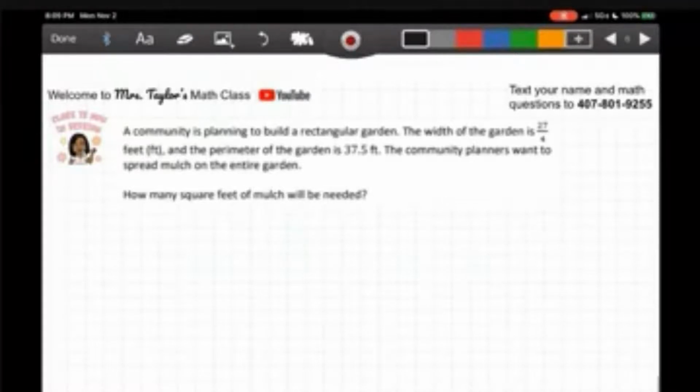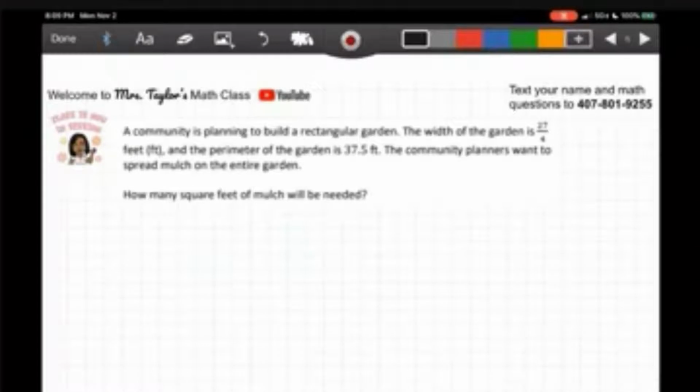How many square feet of mulch will be needed? Well, in this problem, they don't give you the length, and you need to figure that portion out before you can figure out the actual square feet or the area. So when they say square feet, square inches, or square anything, they're talking about the area.